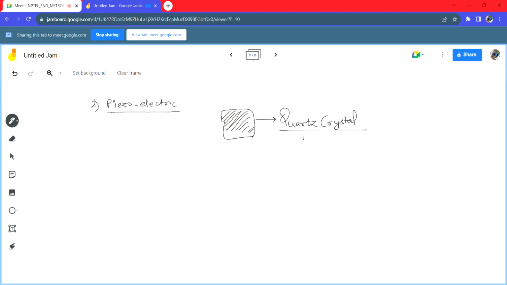So this quartz crystal has its own inherent property of oscillations.